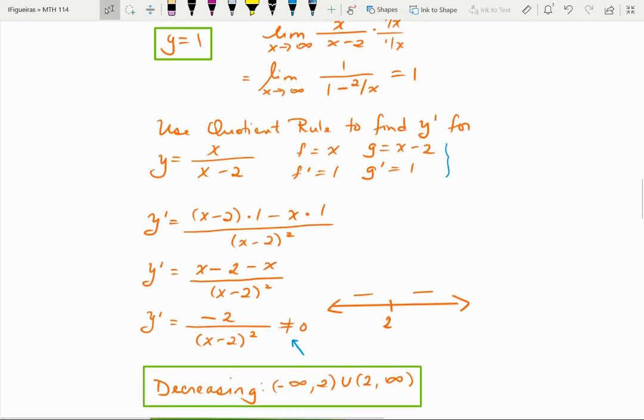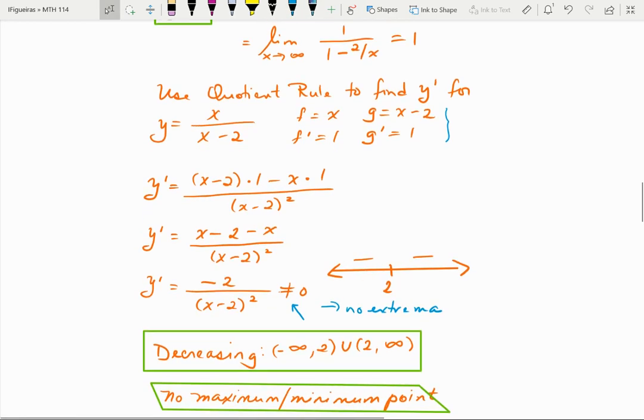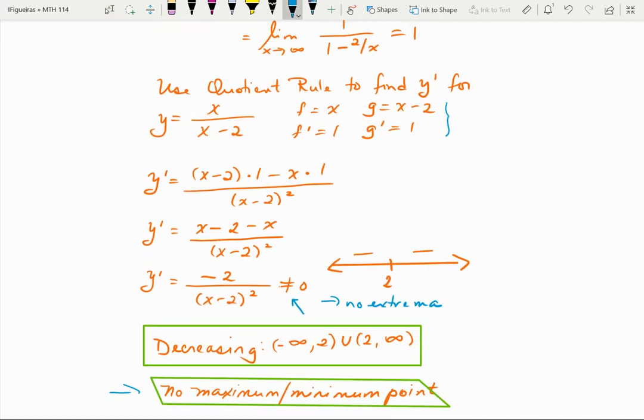So therefore, what that means is that there are no extrema, no maxes and mins. Okay, but that's okay because I can still indicate that here. So I can still check for the sign of my derivative by plugging in test points to the left and right of 2.